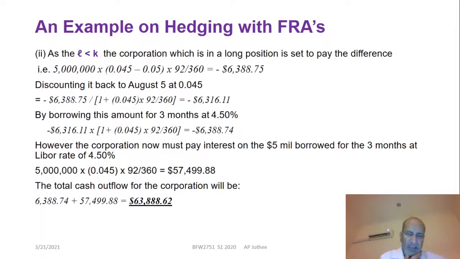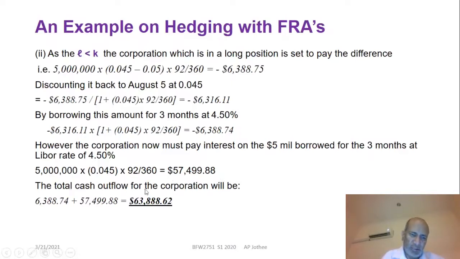However, the corporation now must pay the interest on the 5 million, but now at 4.5%, because the interest rate has gone down. L is the prevailing rate. So 0.045 times 92 over 360 times 5 million is 57,499.88.